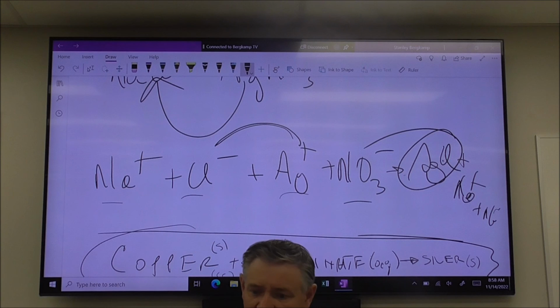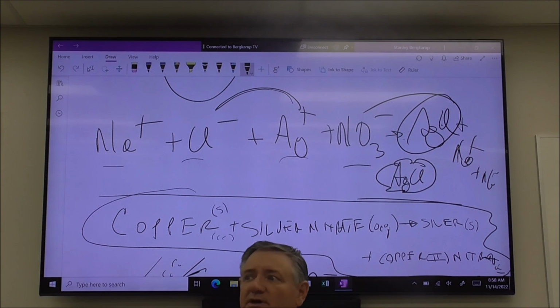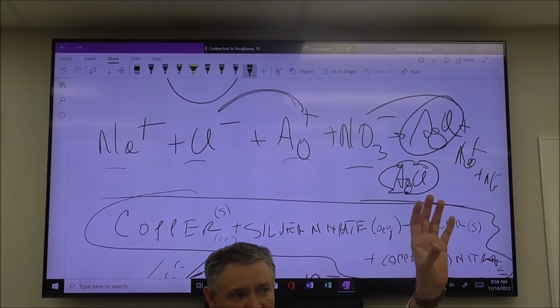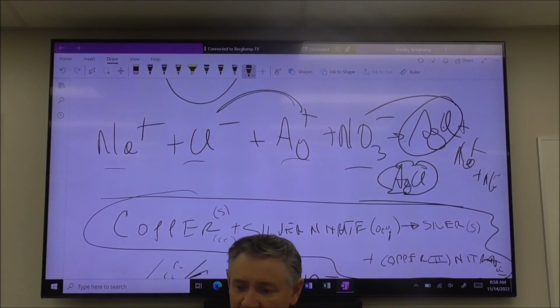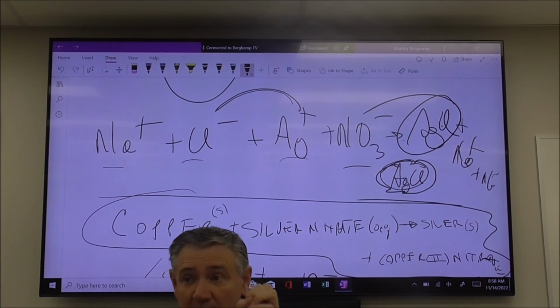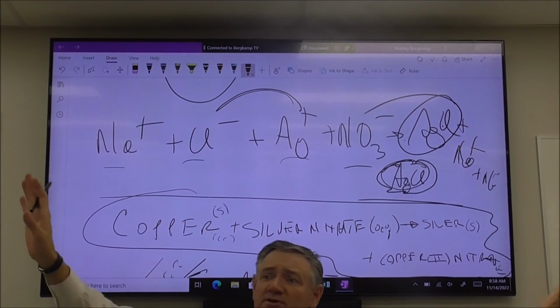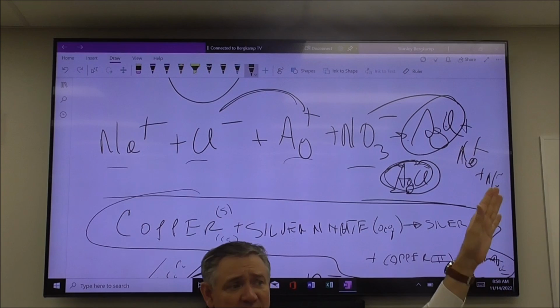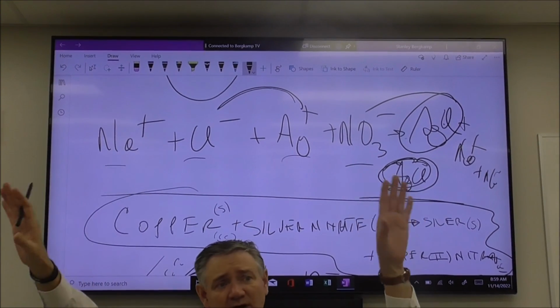So on an atomic level, what I'm looking for is that over here, you draw that silver chloride as a chunky thing, okay? Because that's what happened. The silver, the chlorine said, yo, let's hook up, okay? So that attraction was very, very strong, and that's why it formed that precipitate. The sodium and the nitrate, they're attracted to each other because of the fact they're oppositely charged, but they're just friends, so they're still floating around in the solution.